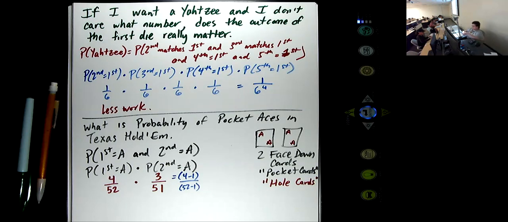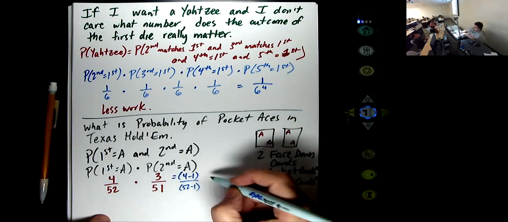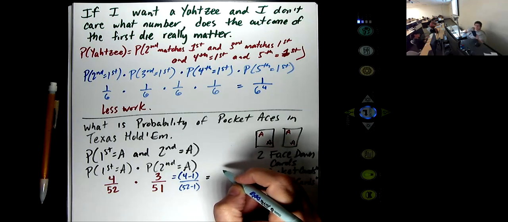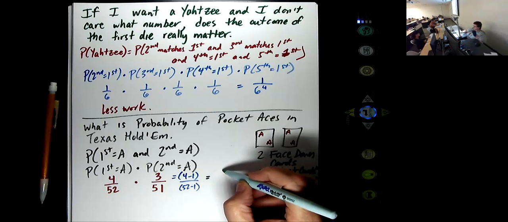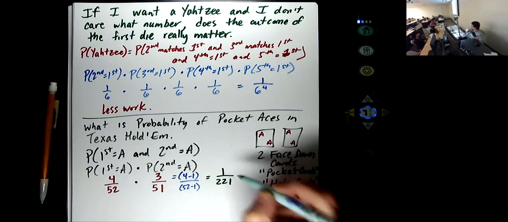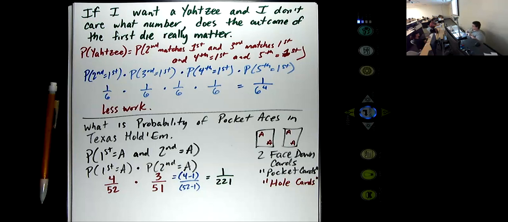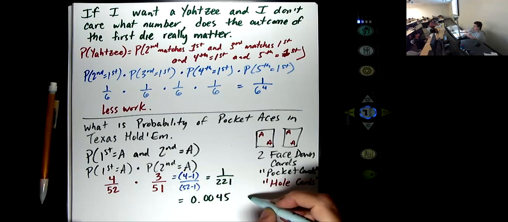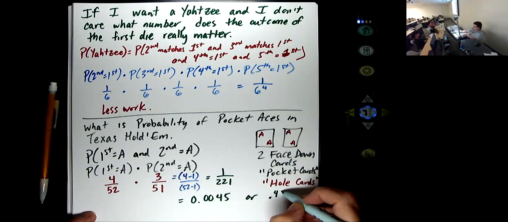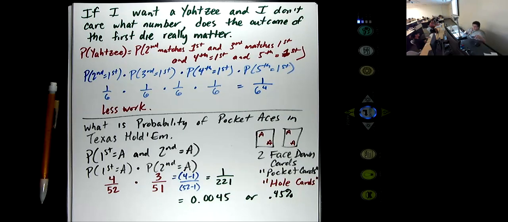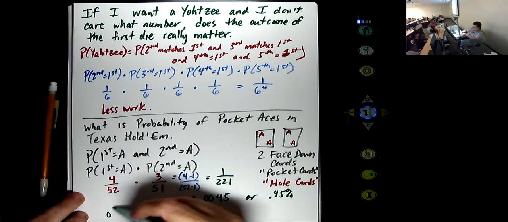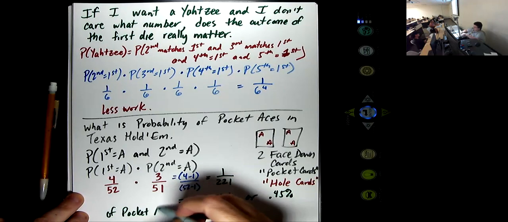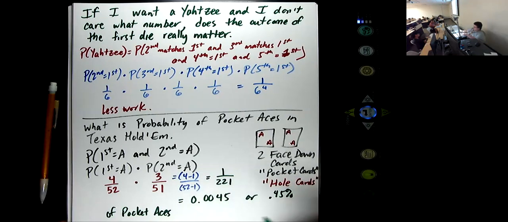When you simplify this, you get 1 over 221, or 0.45% chance of pocket aces, where both cards are face down.